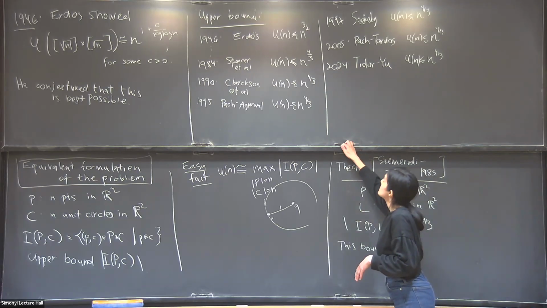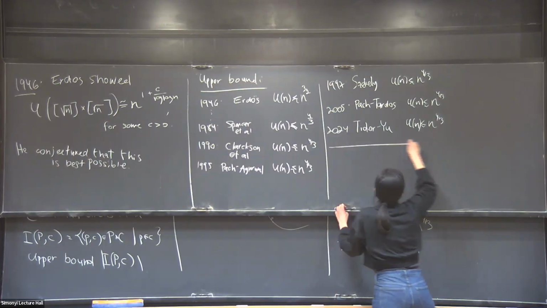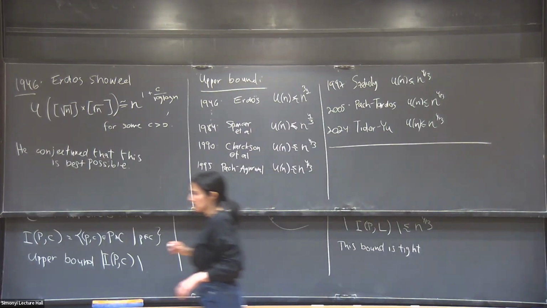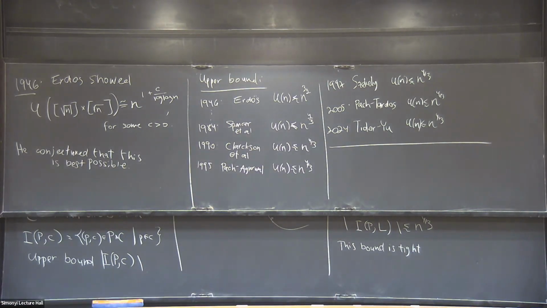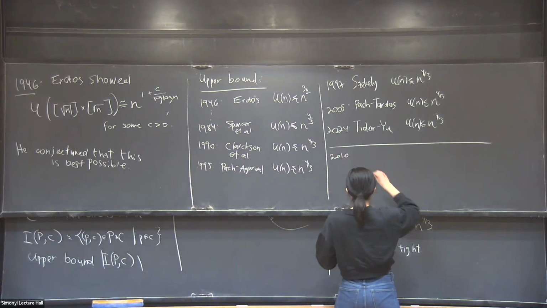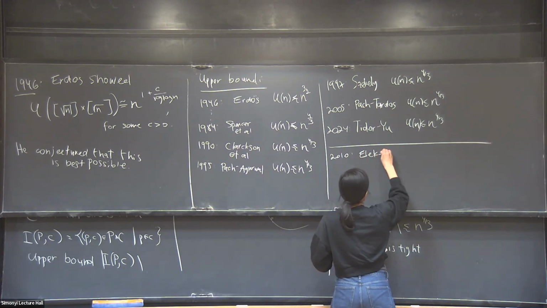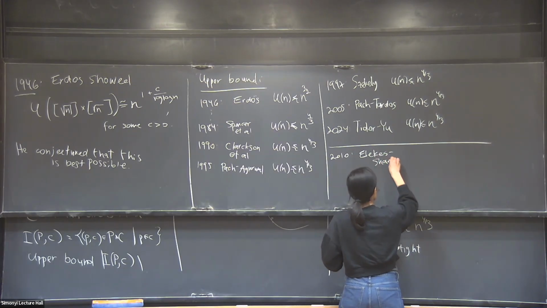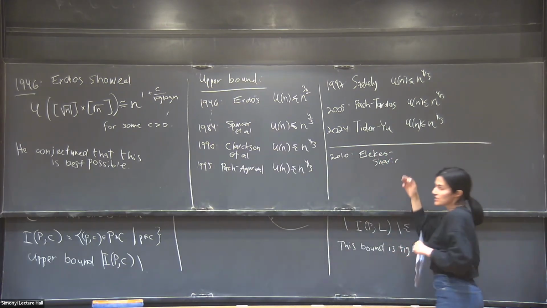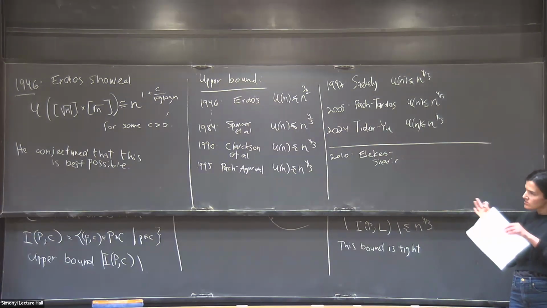And maybe to add 2 more things, so it's not exactly about the upper bound, but in 2010, there was a work of Elekes and Sharir, where they gave a reduction of another problem of Erdős, called the distinct distances problem, that is somewhat related.